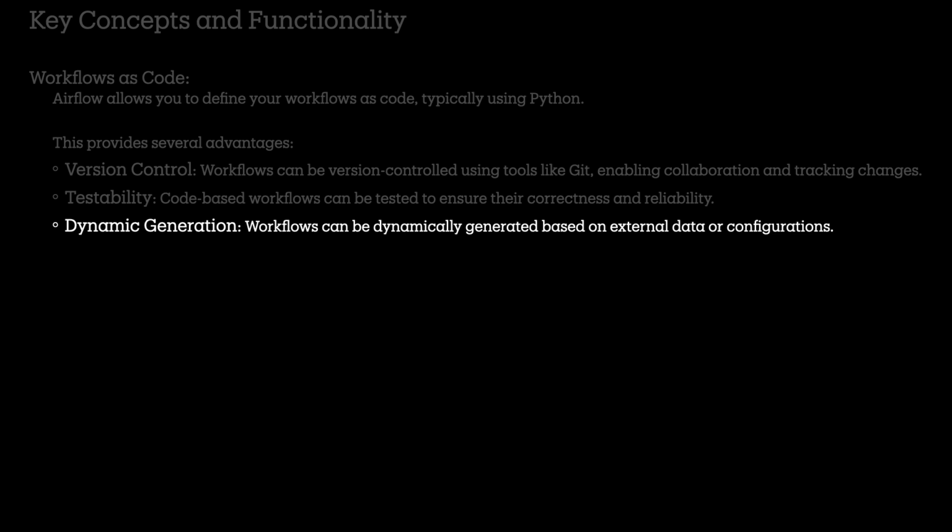Testability. Because we will be creating code-based workflows, they have to be tested for correctness and reliability of the scripts. And then dynamic generation is nothing but these workflows can be dynamically generated based on external data or configuration, which is part of our Apache Airflow configuration section that we will be seeing in further videos in detail.